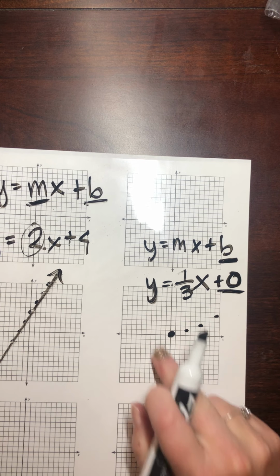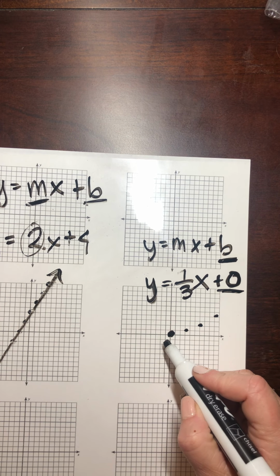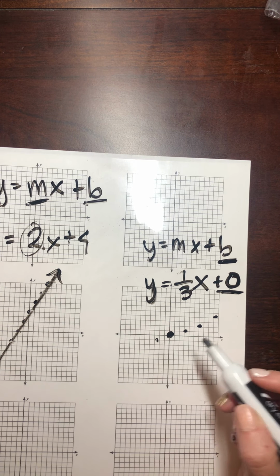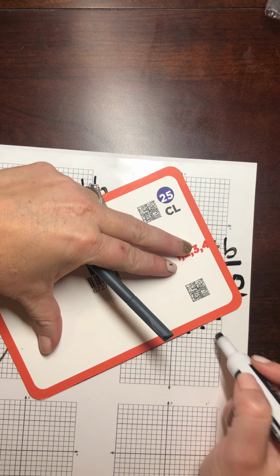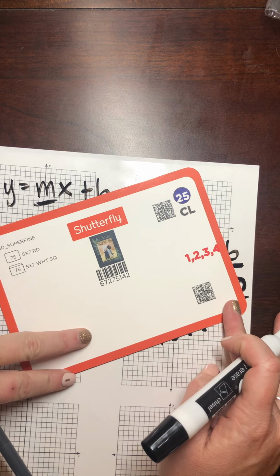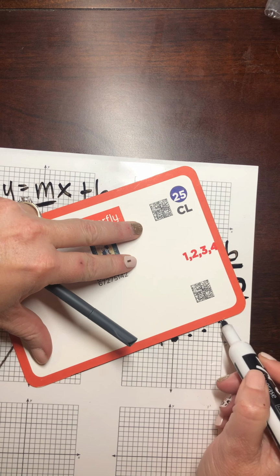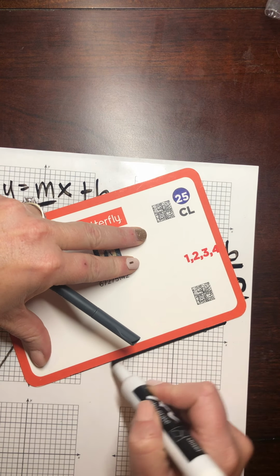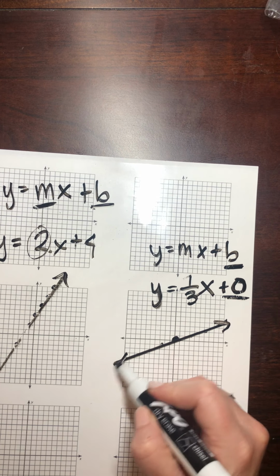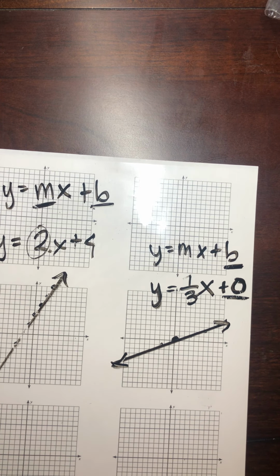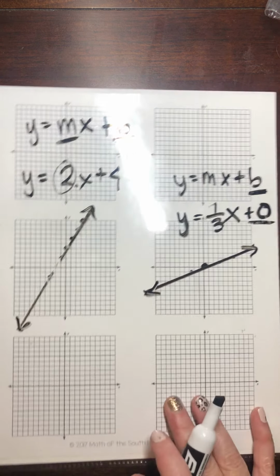Oops, that was only over 2. Okay? Use that straight edge. Get your dots all lined up. Go through the graph. And you're good.